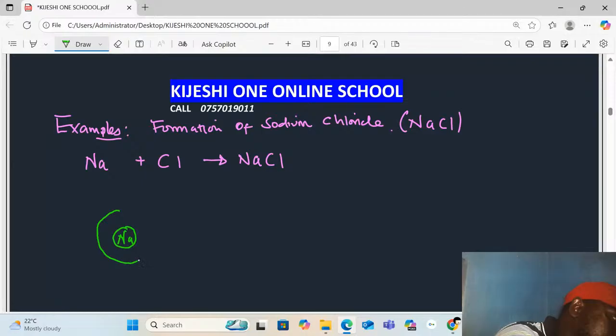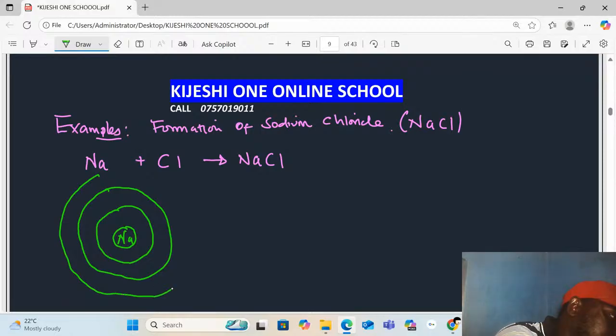So this is the first energy level. We have the second energy level, then we have the third energy level. Then you can give out the distribution. The first energy level occupies a maximum of 2 electrons.